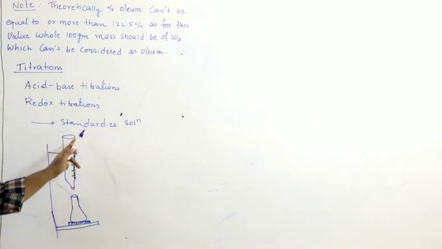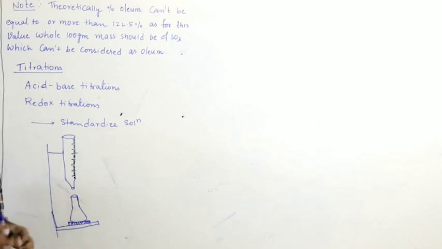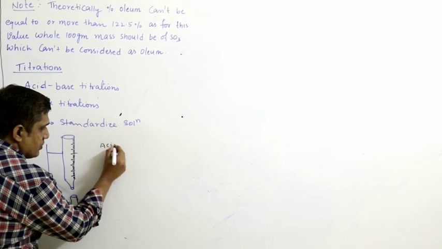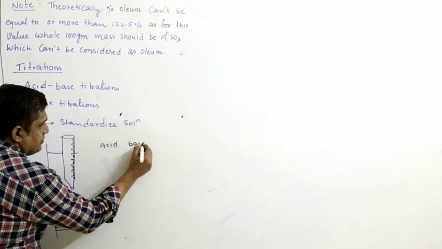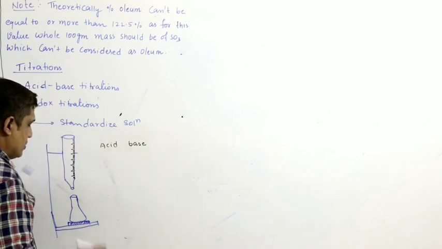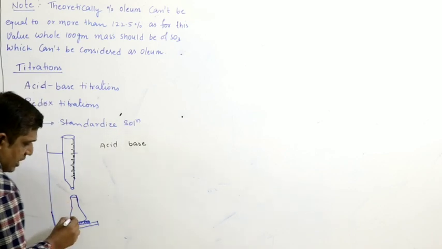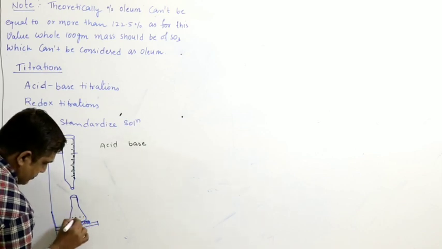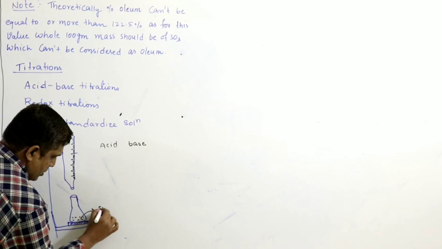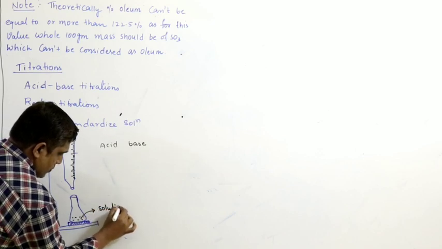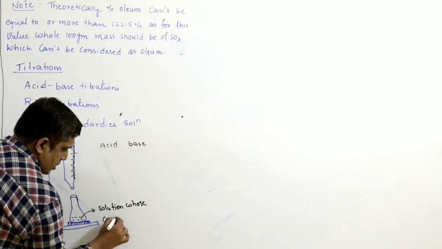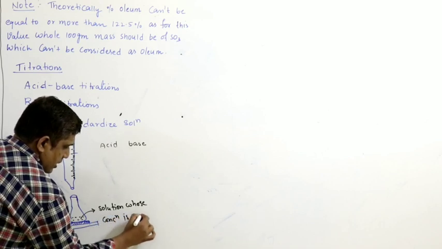This is called the burette, this is the conical flask. Here we take two different solutions, acid in one and base in the other. We have to take the solution whose concentration is to be determined.